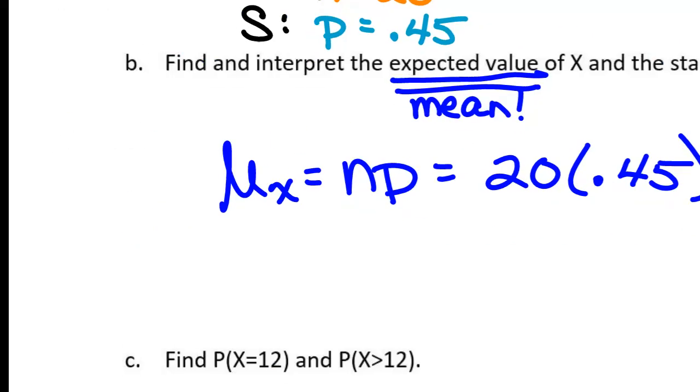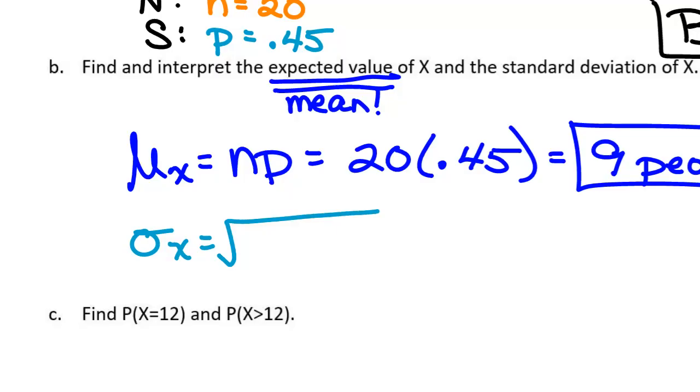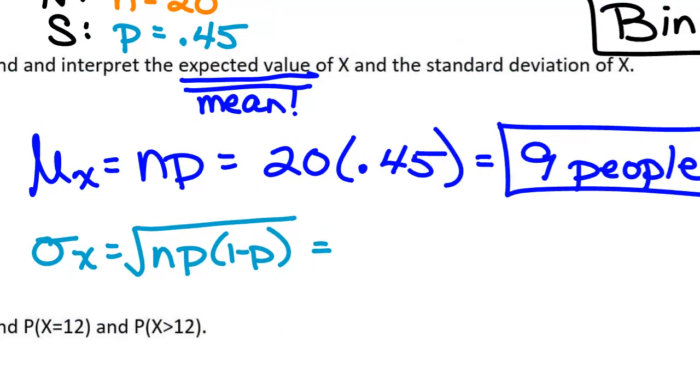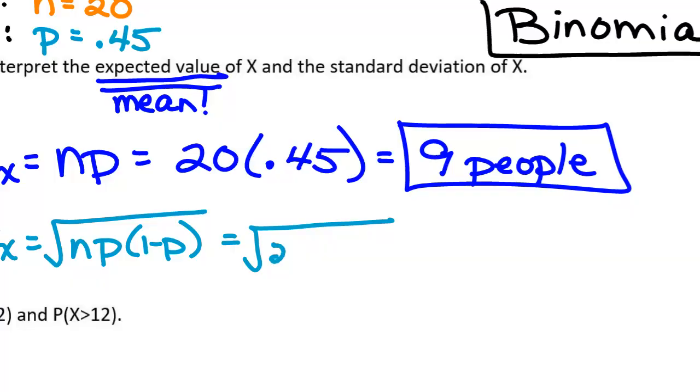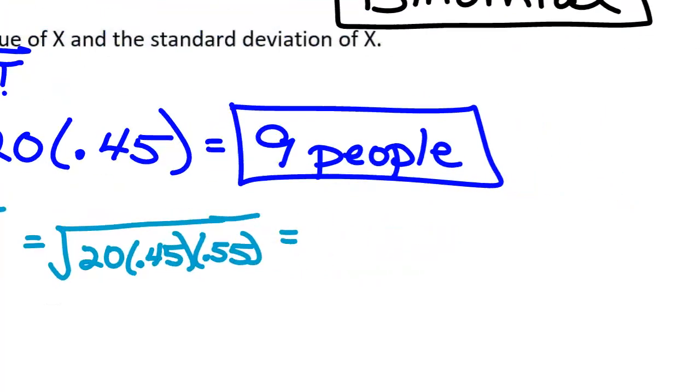How do we calculate the standard deviation of x? N times P times 1 minus P. Remember, you get all these formulas on the formula sheet. You do not have to memorize the formulas. So we have square root of 20 times 0.45 times 0.55, and we get about 2.225.